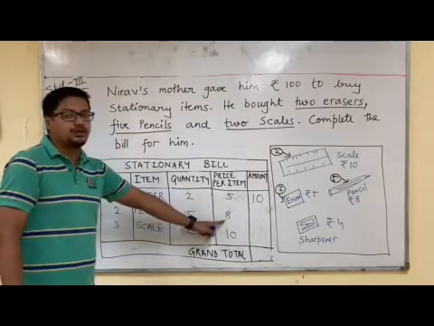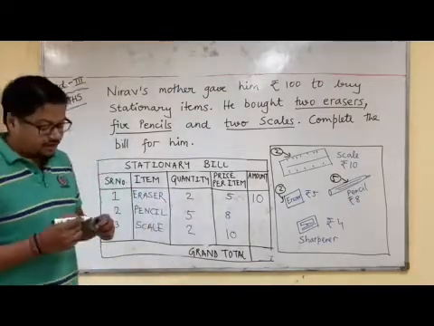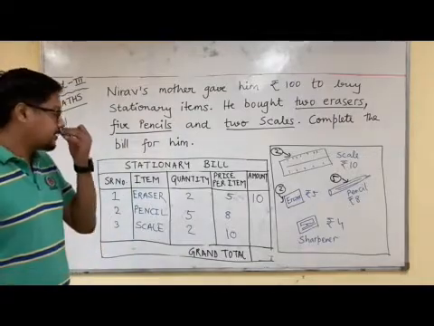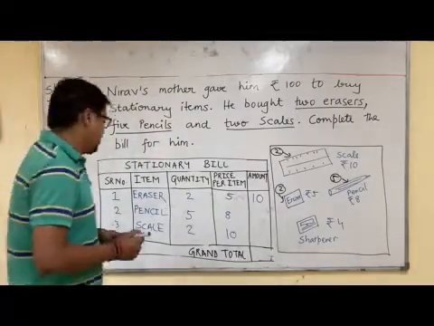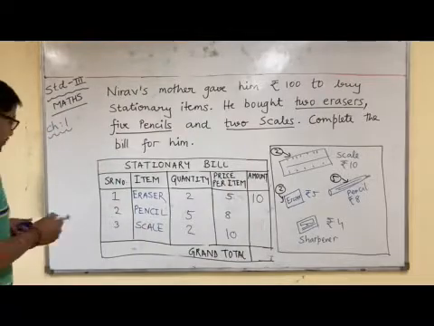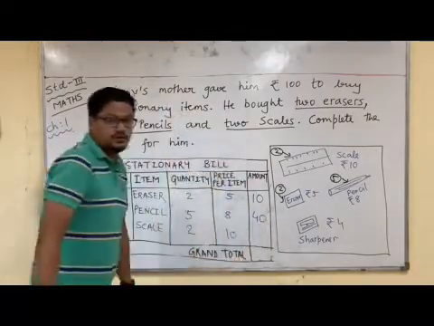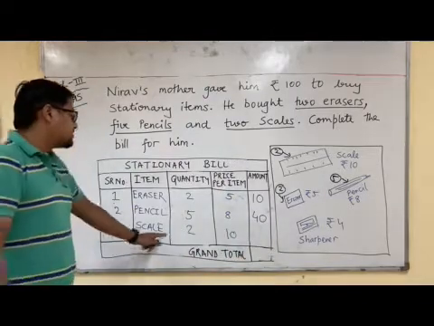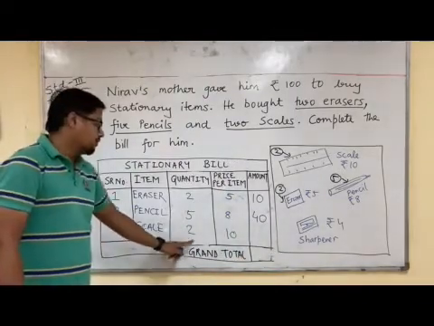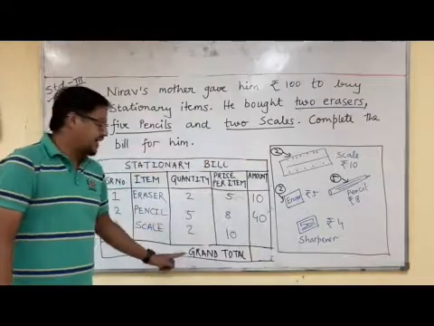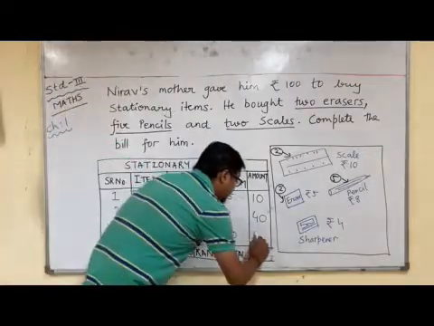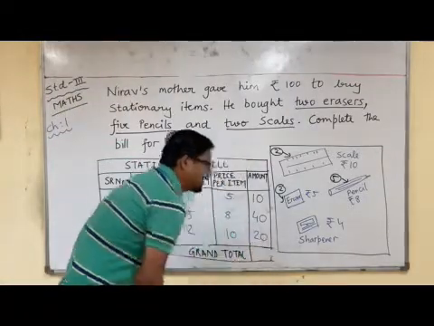What is the cost of one pencil? 8. Read the table of 5. 5 ones are 5, 5 twos are 10, 5 eights will be, sorry, 5 eights will be 40. Correct? How many scales are purchased? 2. What is the cost of each scale? 10. So 2 into 10 will be 2 tens are 20.